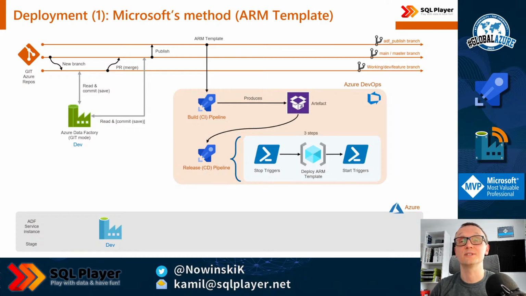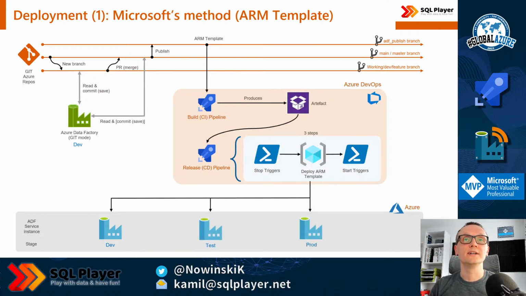It might be done using, for example, PowerShell or something else. Then three steps are required. You have to remember to stop triggers, then deploy ARM templates, and then start triggers again. Okay? In that way, you can deploy the code from ARM template files to the target Azure Data Factories. I hope that makes sense.